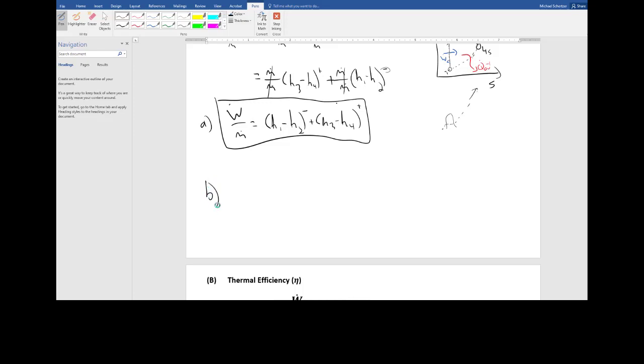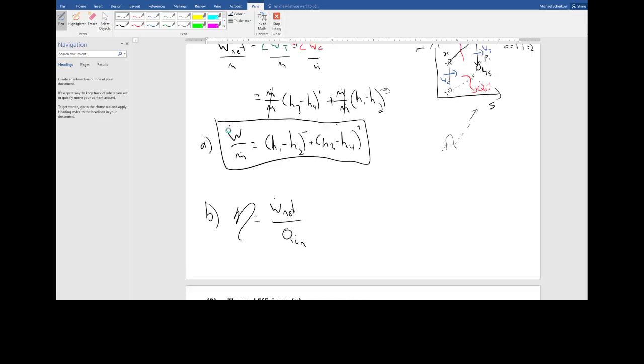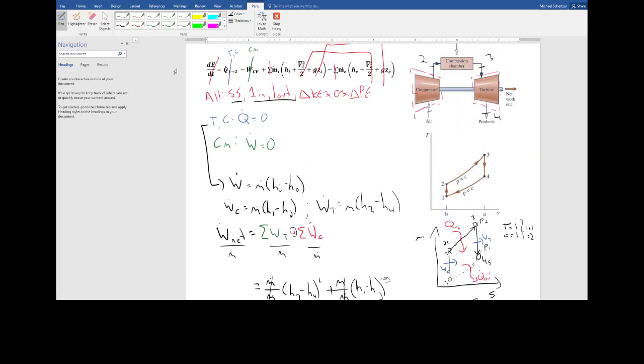So B, this is my thermal efficiency, is going to be W dot net divided by Q dot in. Q dot in, I get from my first law on my combustor. When this is 0, I get 0 is equal to Q dot plus m dot times h in minus h out.